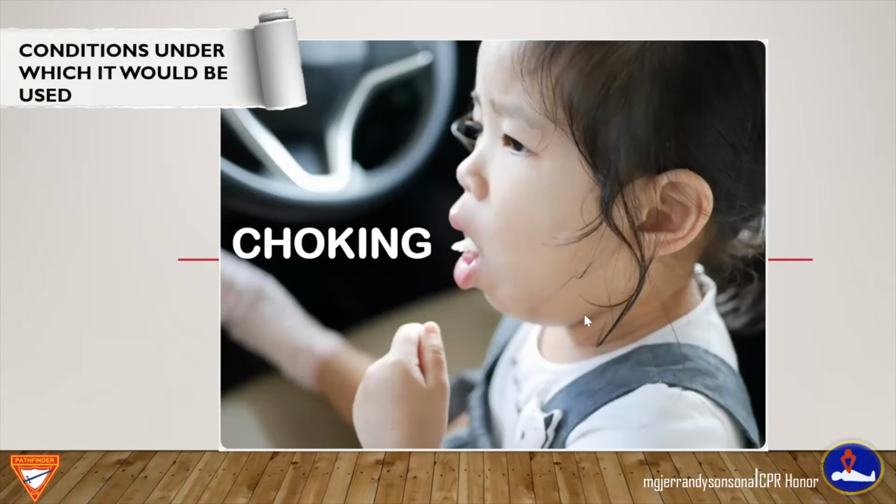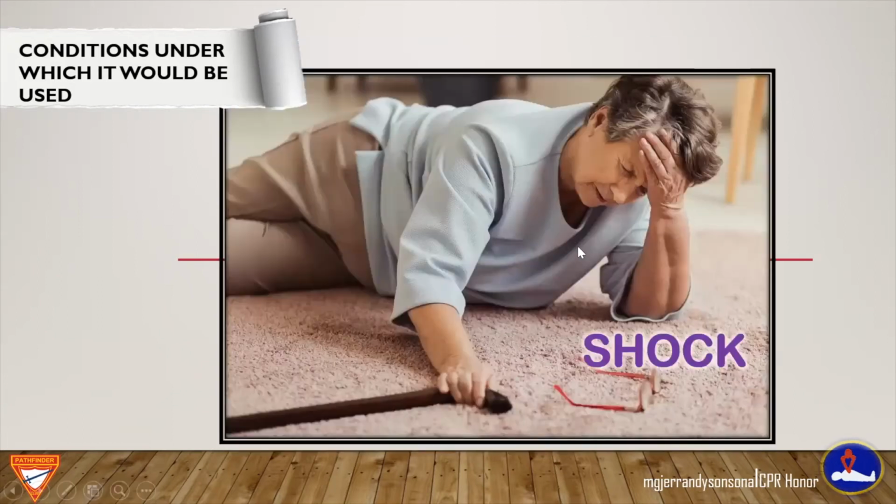So choking is one of the common incidents why you will do CPR to patients. And another one is shock. We have different types of shock. We have hypovolemic shock. We have neurogenic shock. But all common shocks will lead to heart attack, and thereby you will also do CPR for them.